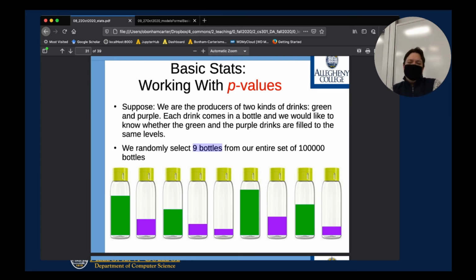Now, we run a test because we have 100,000 bottles coming through our facility every day. That's a lot. We can't visit each of those 100,000 bottles and actually measure the amount of drink because that would just take too long.